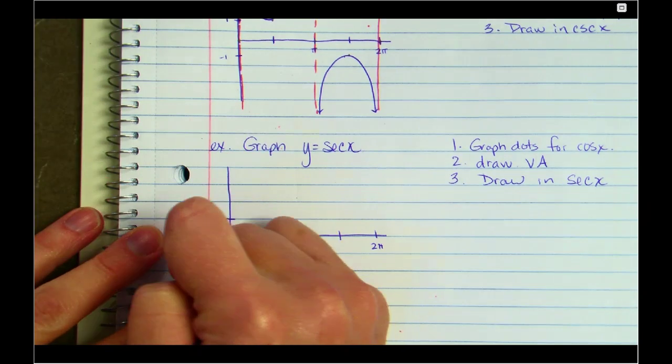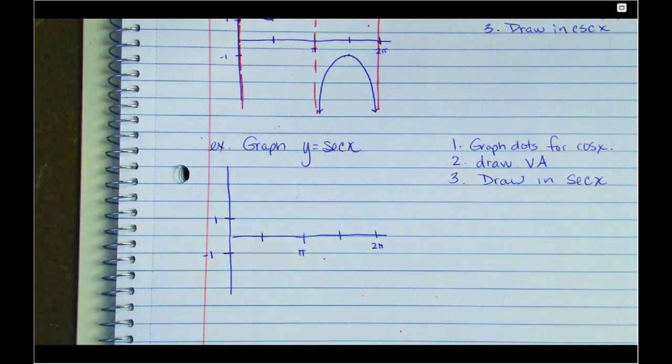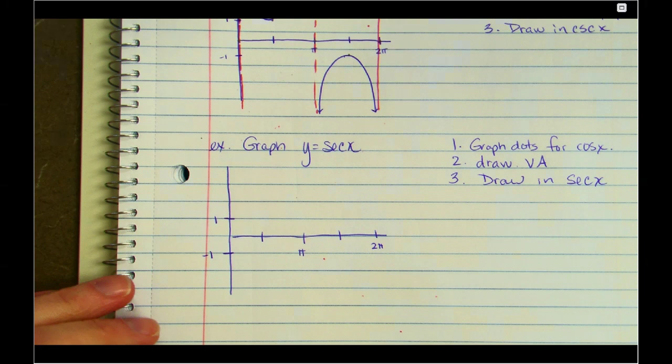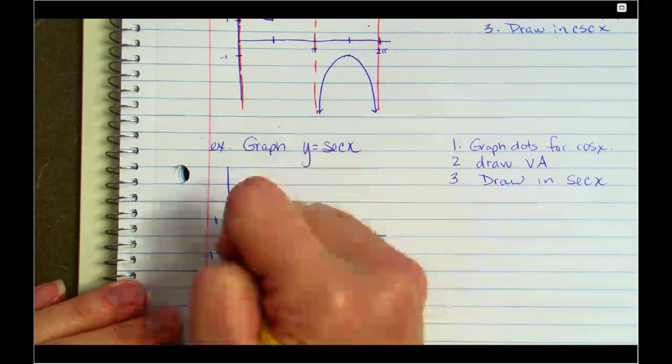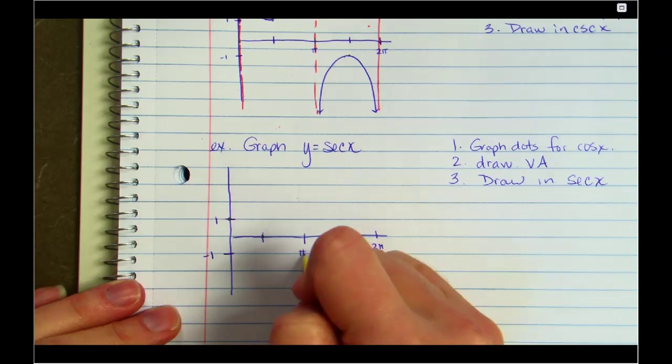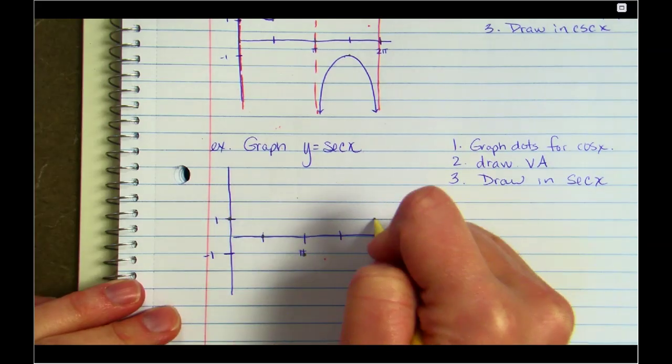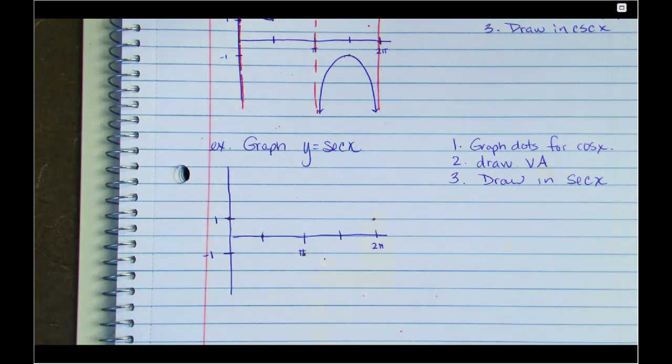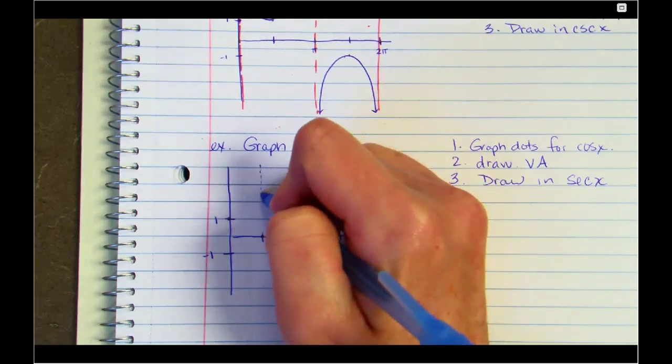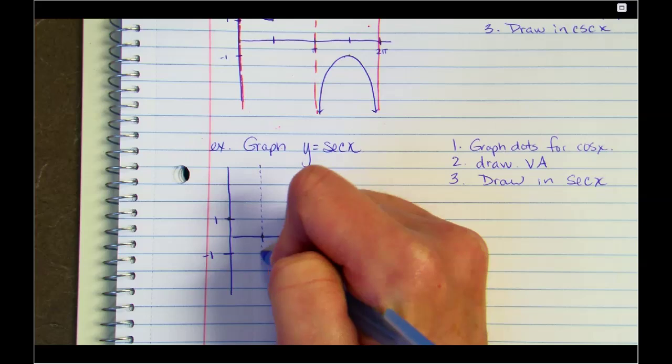I think probably my hardest thing to remember is to make the 1 and the -1 actually close to the x-axis, because my graph's going to go up from there. So don't make your 1 and your -1 way at the top. So cosine starts at the top. Okay, so vertical asymptotes happen where cosine is equal to 0, where it crosses the x-axis.